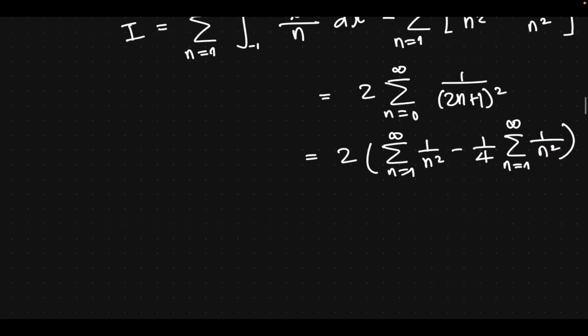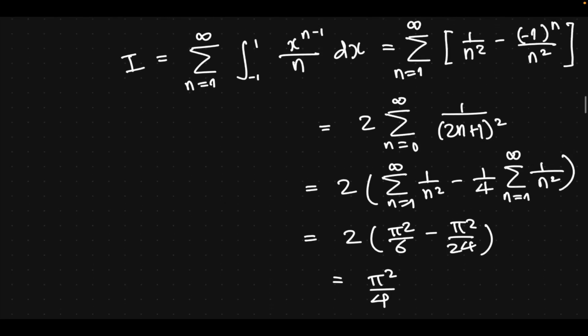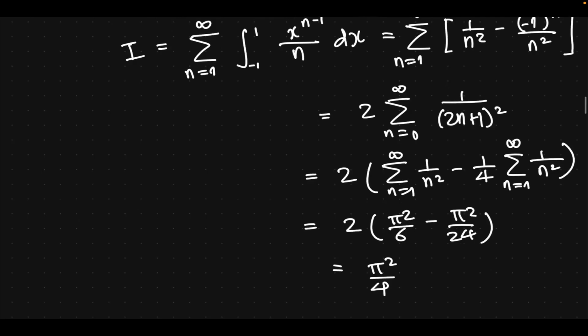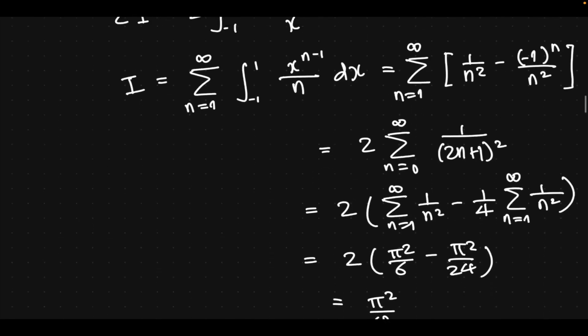I took that out. And that's 2 times pi squared over 6 minus pi squared over 24, which is pi squared over 4, which is just the Dirichlet eta function. So that's nice. We've solved this problem.